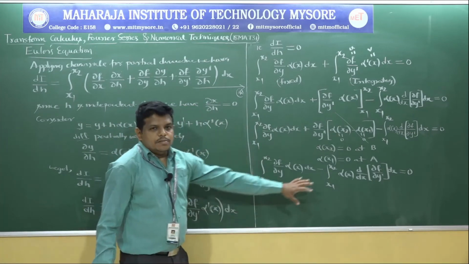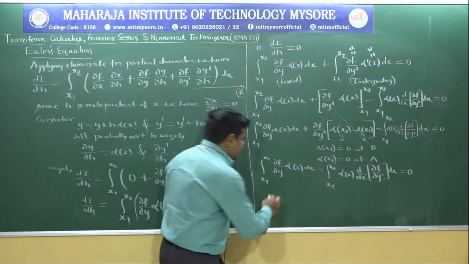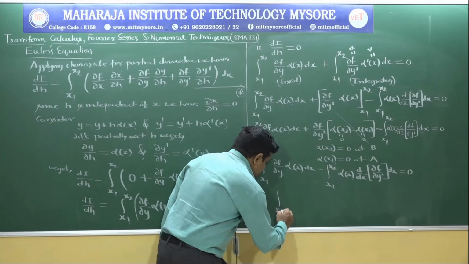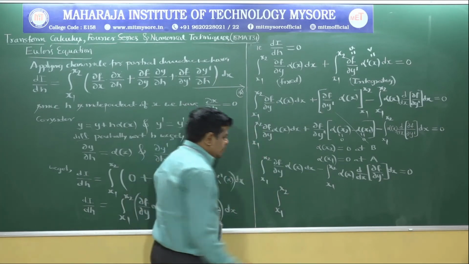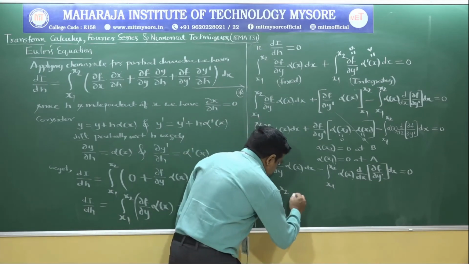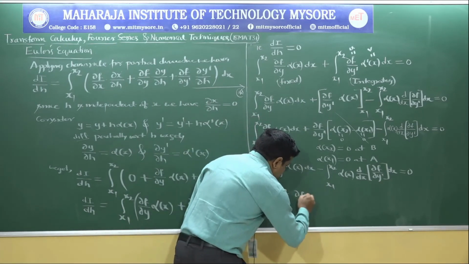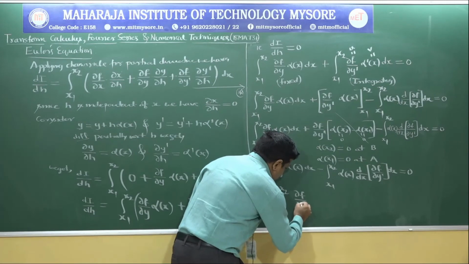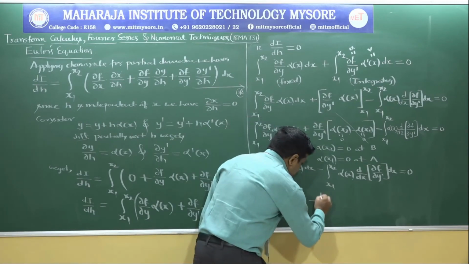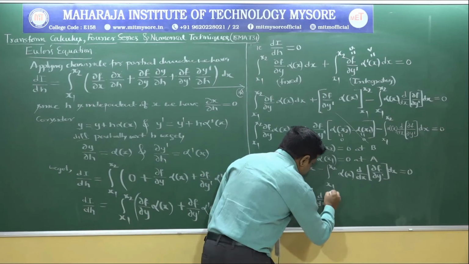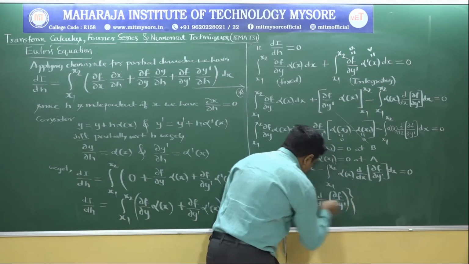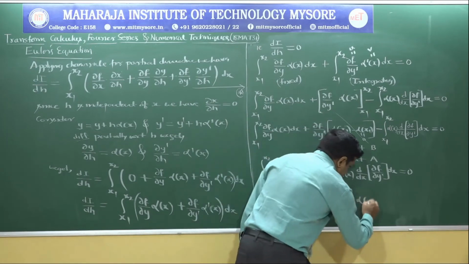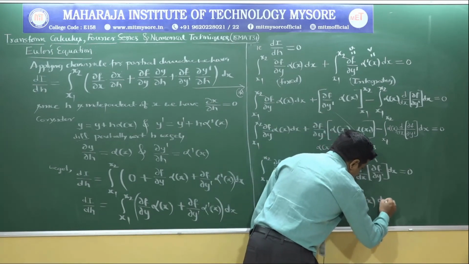Now merging the integrals, since we have the same limits, we are merging the integral x running from x1 to x2. Alpha of x is common, we can take that outside, that is ∂f/∂y minus d/dx of ∂f/∂y dash into alpha of x equals 0.